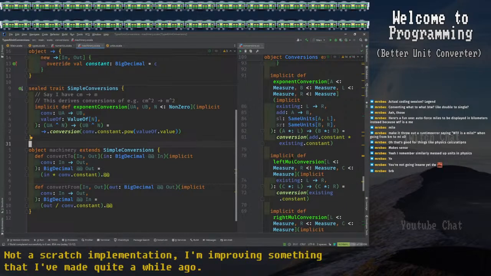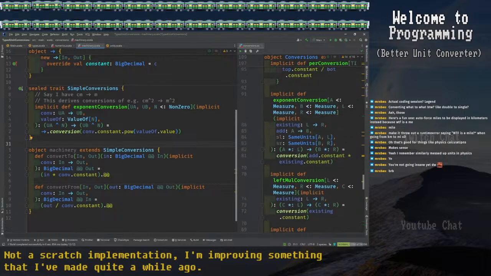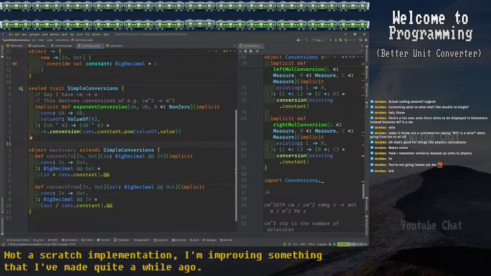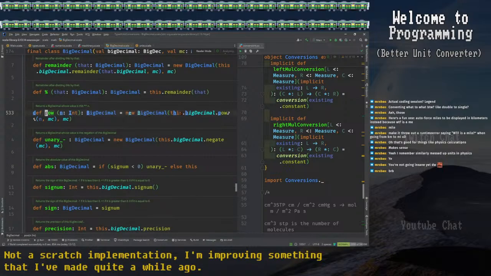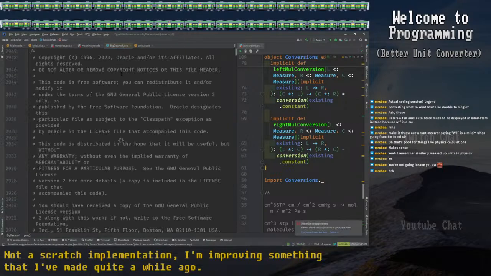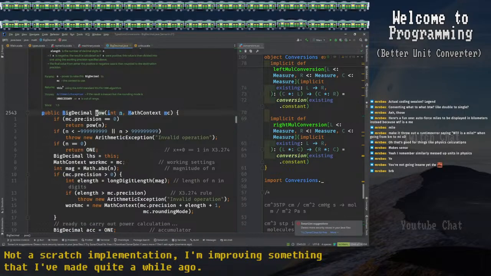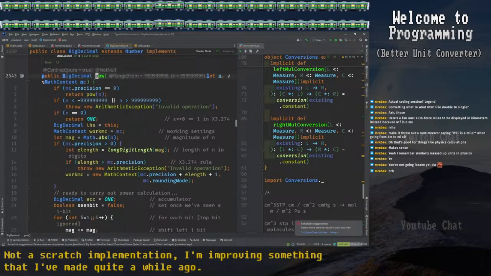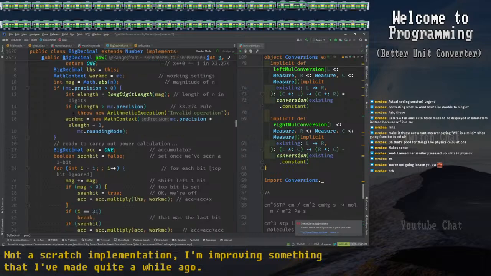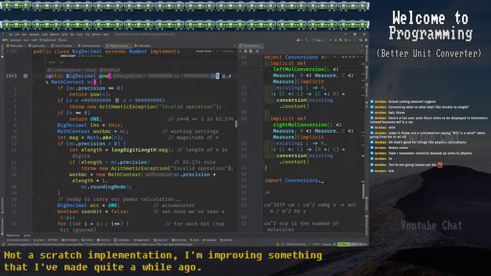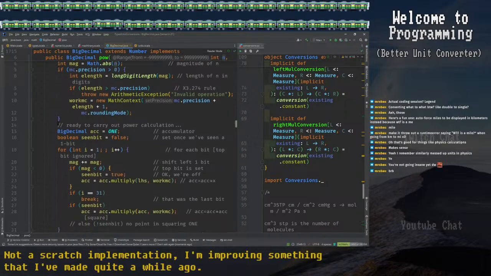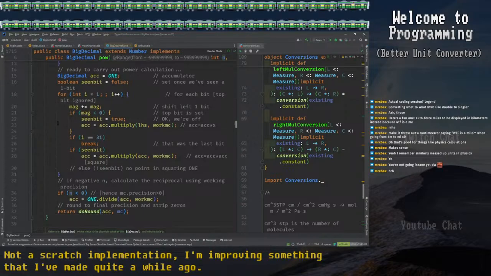Okay. So now I need to add the other rules that I've had, which is... Does this do negative values? Wait, does POW do negative values as well? Let me check. POW, new BigDecimal dot POW, or BigDecimal dot Java. Are we there yet? Okay. Int n. Where is n used? If n is equal to 0, return 1. If precision is 0, 1 plus I equals 31.